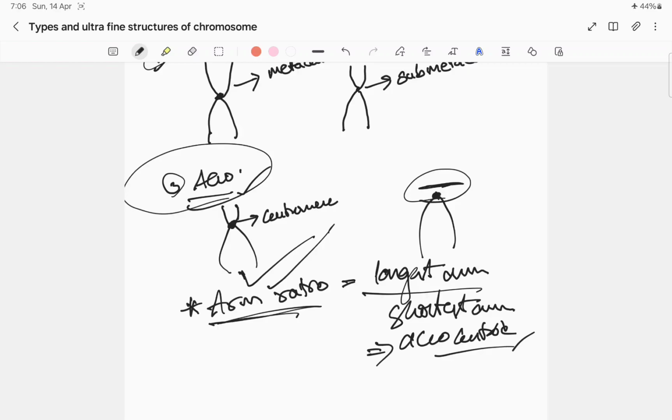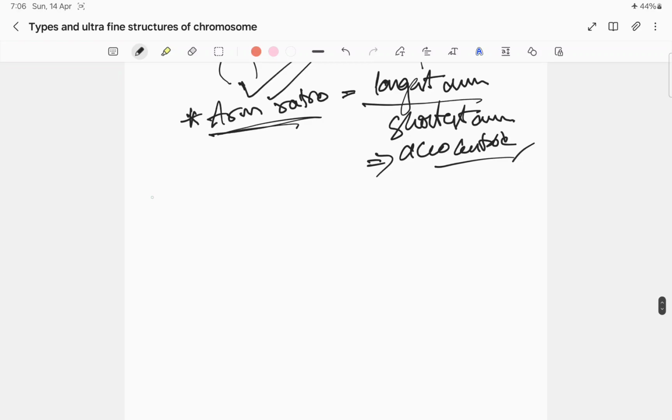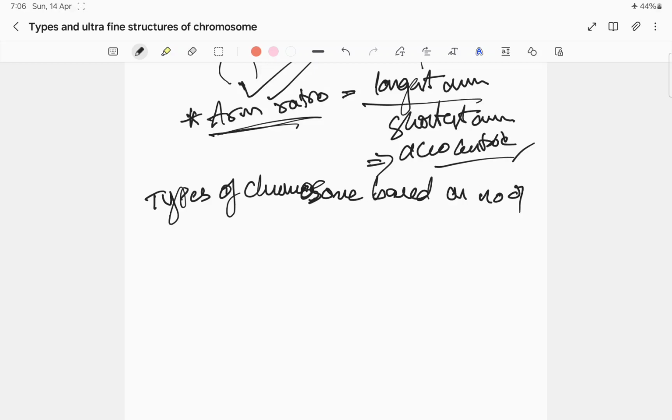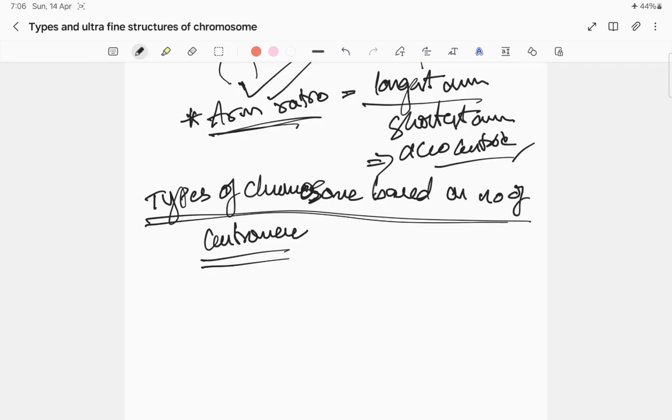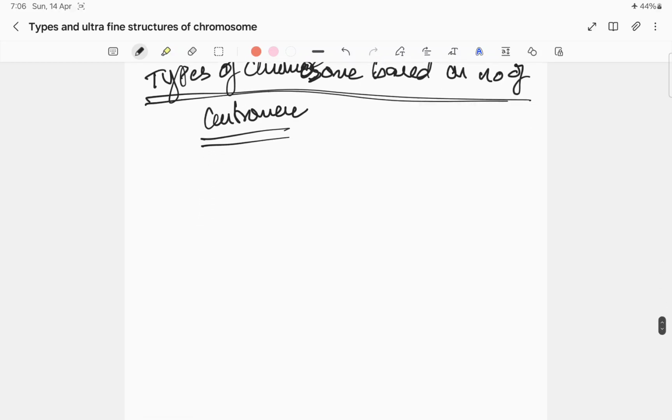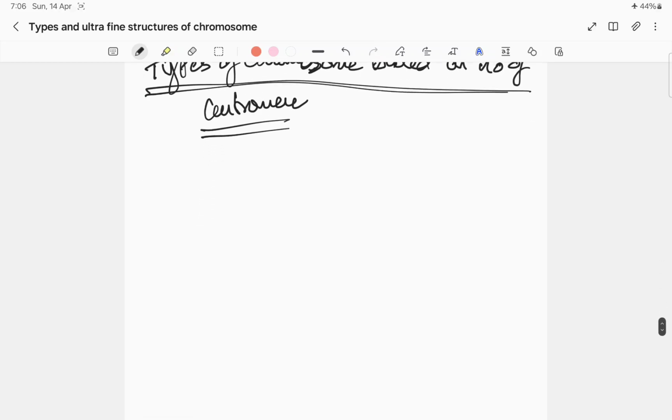Next, going into the types of chromosome based on the number of centromeres. Based on the number of centromeres, it is divided again into 4 types.